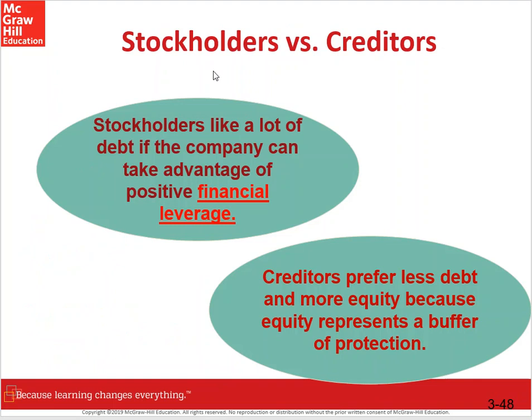Stockholders versus creditors. Stockholders like a lot of debt if the company can take advantage of positive financial leveraging. I want to be careful with that phrase, a lot of. Financial leveraging is the idea of borrowing money to make money. And put simply, the way I like to explain positive financial leveraging is, why should I use my money to make money for me if I can use your money to make money for me?